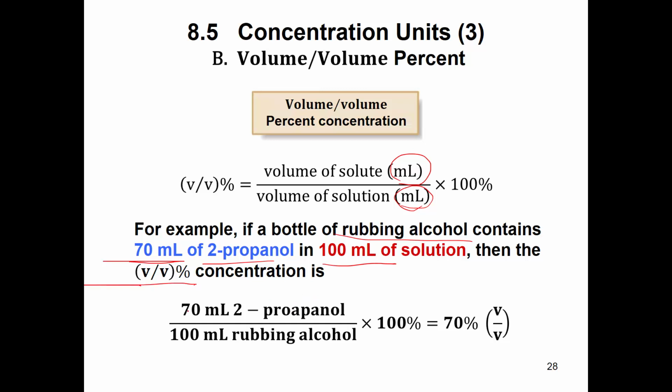Then the volume percent is going to be 70 milliliters of propanol per 100 milliliters of rubbing alcohol times 100%, and that is 70% by volume, or volume of the 2-propanol.